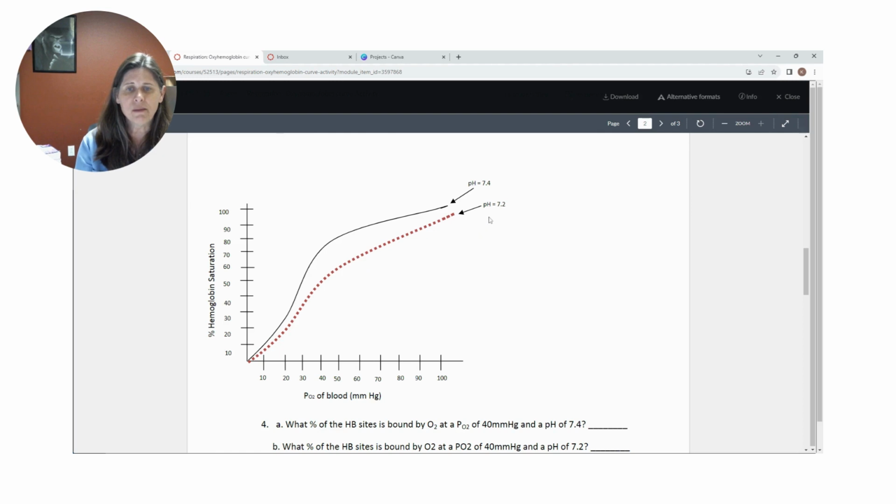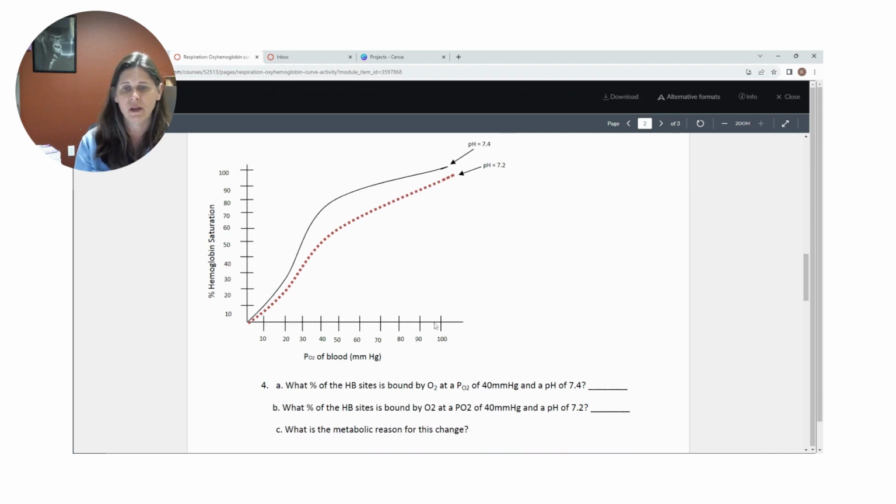This is just an example showing you that the relationship between hemoglobin and oxygen actually changes when our blood environment gets more acidic. So here's an example of 7.2. Now we're going to see that more oxygen actually gets released when our blood and our tissues get a little more acidic. And we'll explain why in these questions.